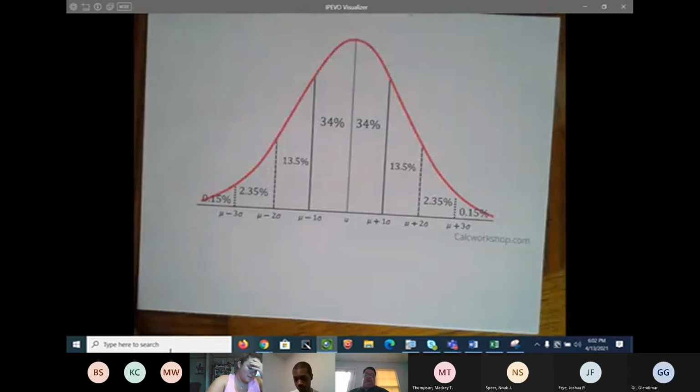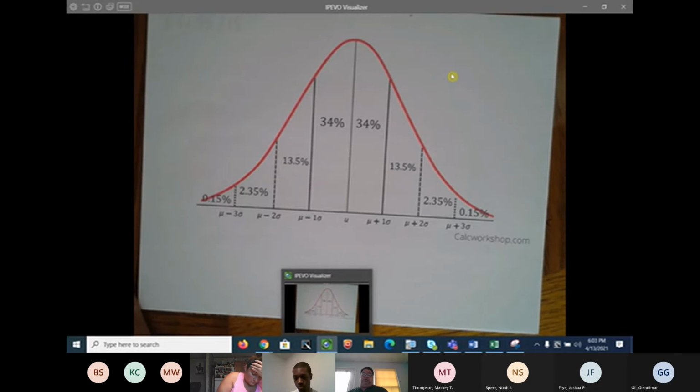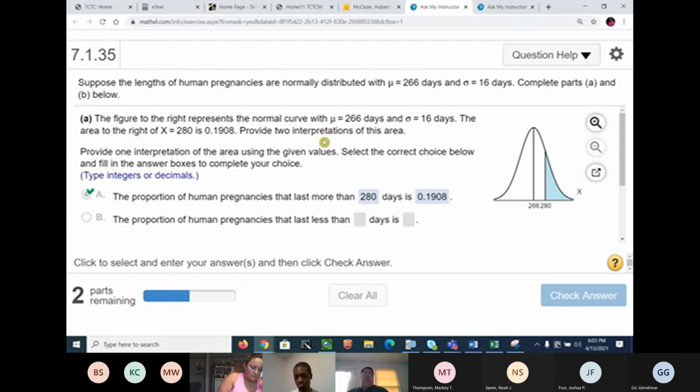I'm going to do the first two on this drawing. It says 266 days. Let me find my other one because I don't want to have to add all those up in my head. Here we go. 266, and that's going to be 282.